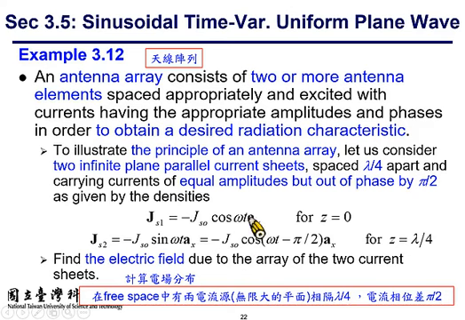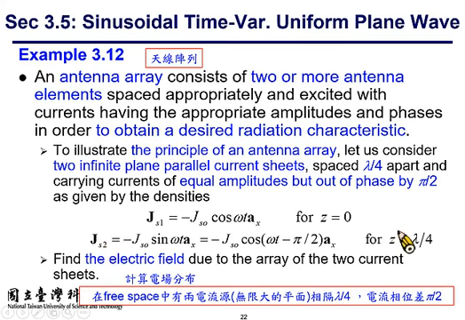And the function associated with this current source is cosine omega t. So you know the frequency, and you also know that it's a sinusoidal signal. And it's located at the z equal to 0 position. The other current source, which is placed right next to it in a parallel configuration, is named JS2.